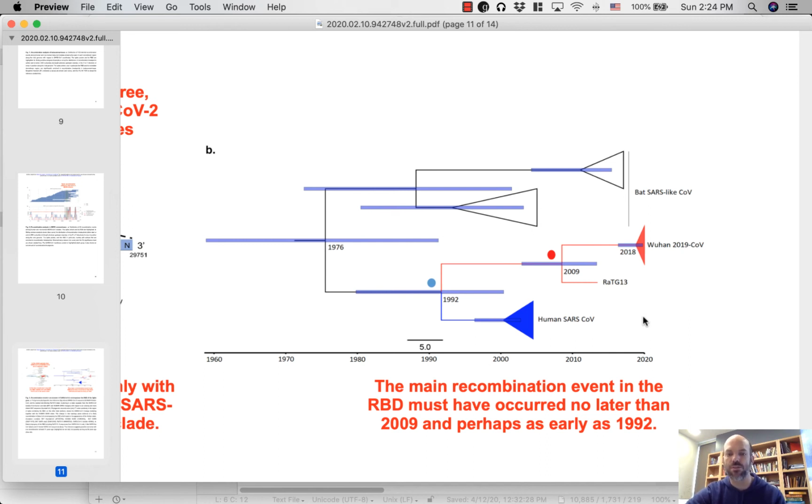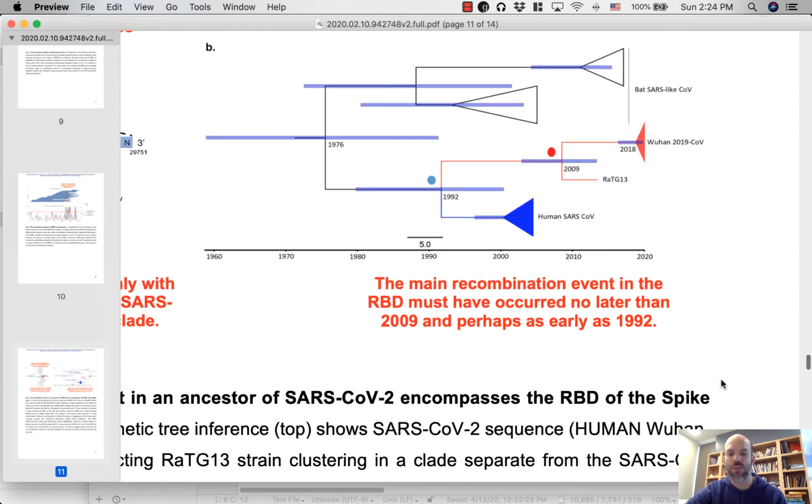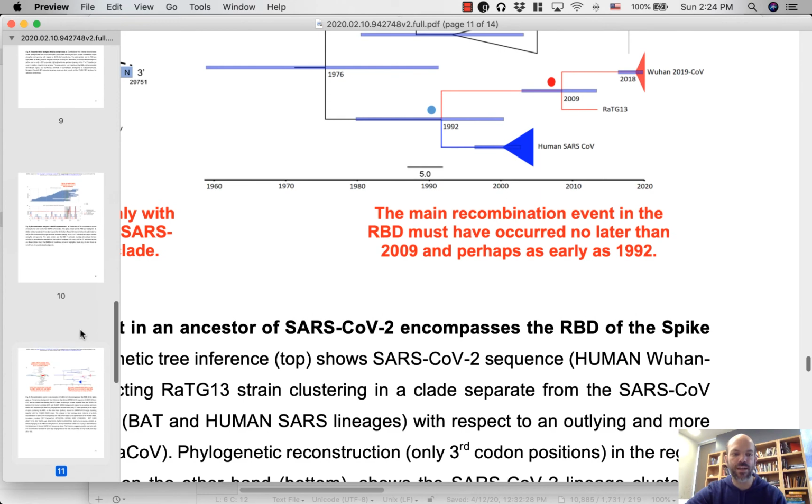These recombination events happened years ago and were already in some kind of coronavirus years before they caused the current outbreak. Now, we don't know if maybe it was already in humans and was just not causing an outbreak for some reason, or was in a different animal besides bats, but the recombination events are not that recent. They happened years ago. So that's kind of interesting.